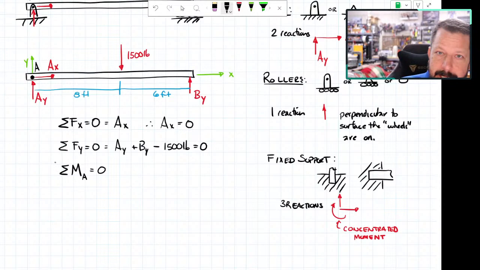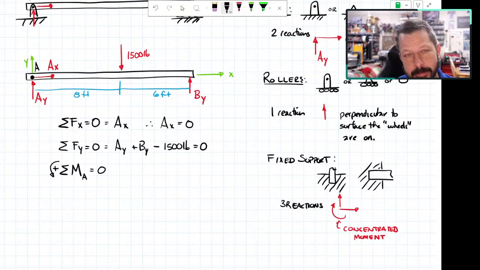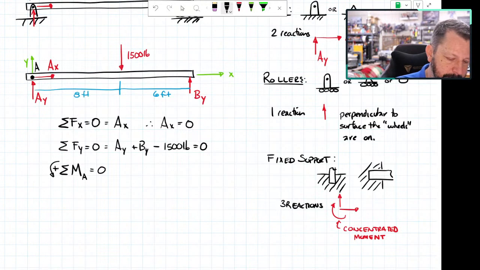Most of the time, if you read stuff and look in books, it's going to say counterclockwise moment is positive, and that's technically true. For whatever reason, for me, it is way simpler to do clockwise positive.